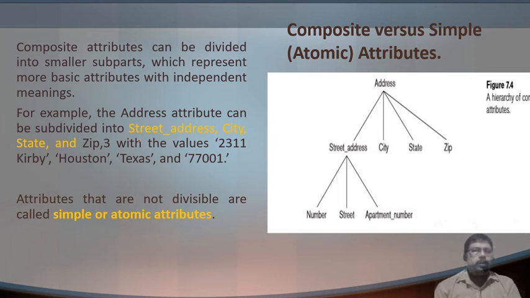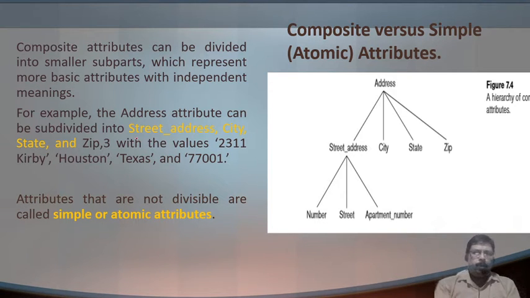Now let us discuss the different types of attributes. The attributes can be classified as simple, composite or atomic attributes. Now what is a composite attribute we will discuss. A composite attribute can be further divided into a number of sub attributes.